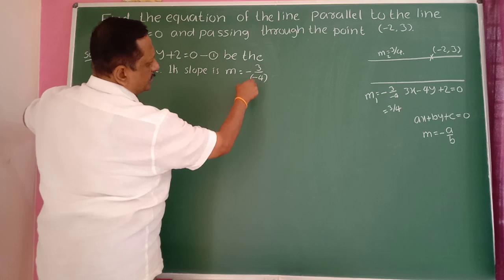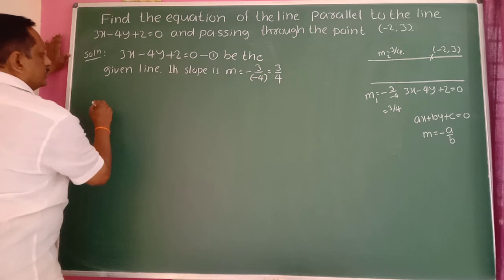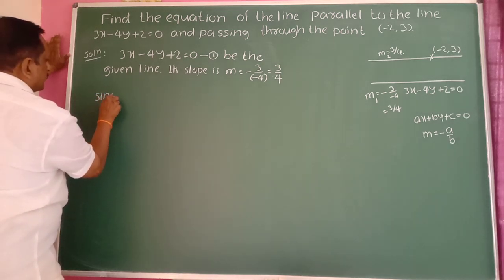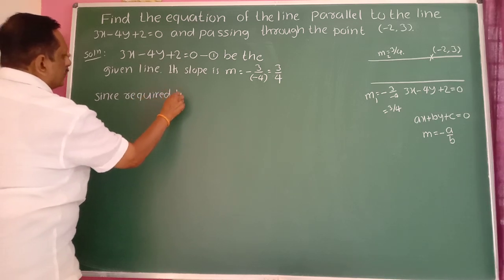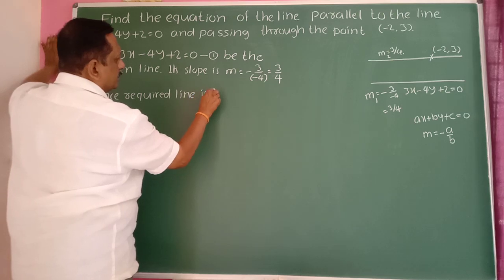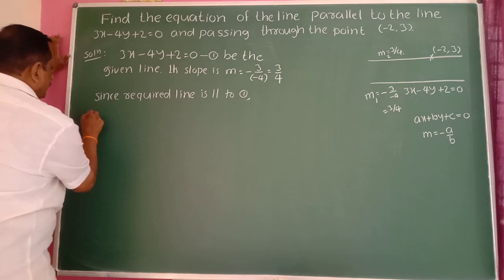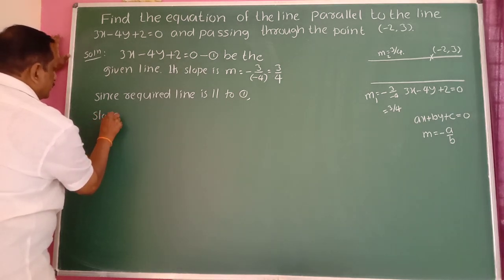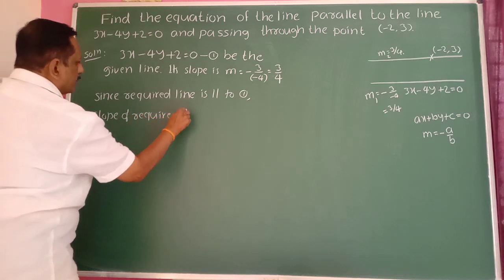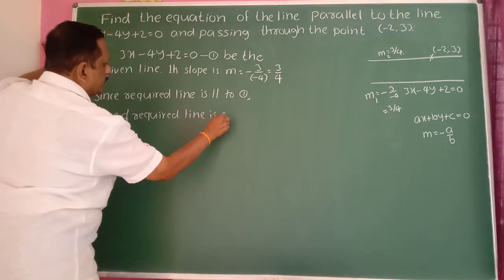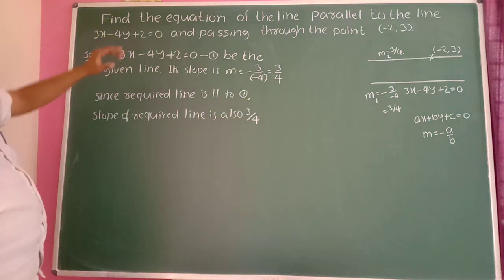Using that formula, minus of minus becomes a plus, so plus 3 divided by 4. Since the required line is parallel to 1, the slope of the required line is also 3 divided by 4, because they are parallel to each other.